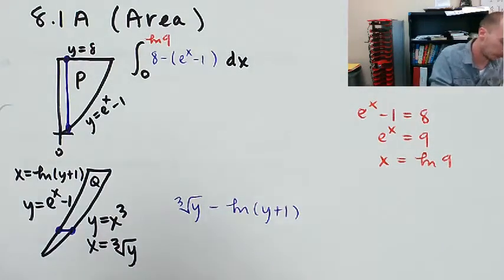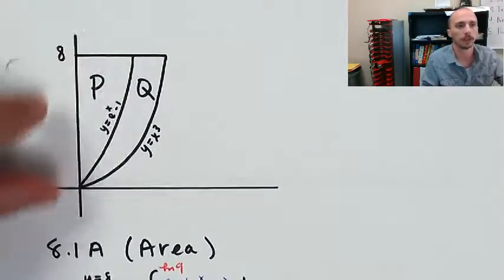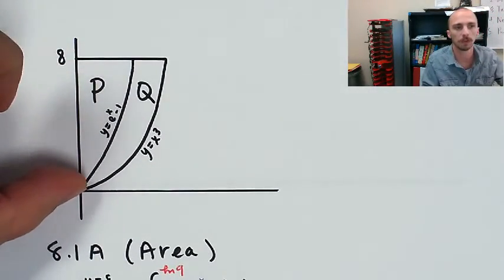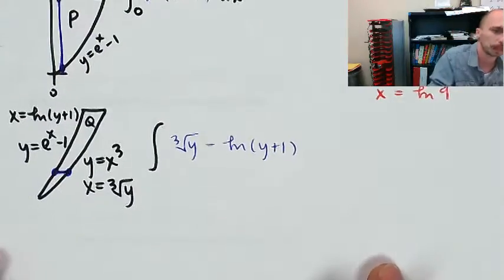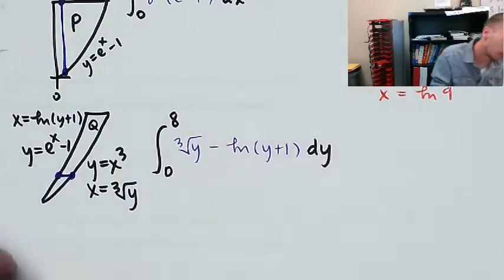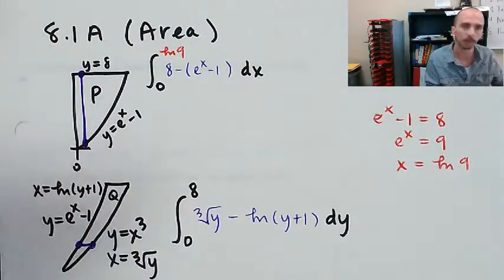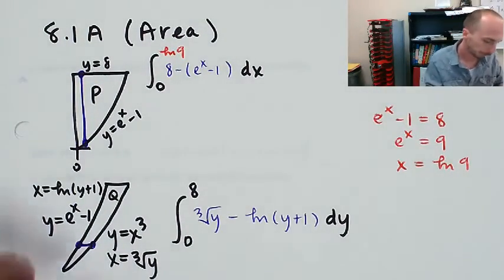I integrate this as y runs from, you can see it easiest on this image, 0 up to 8. That's how I would get that area in terms of y. I did an area in terms of x, and an area in terms of y.